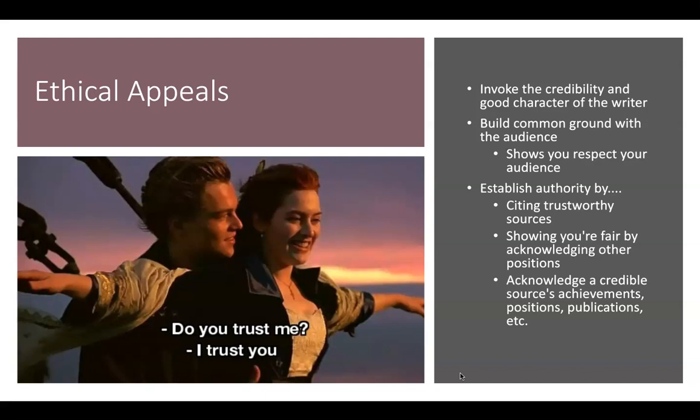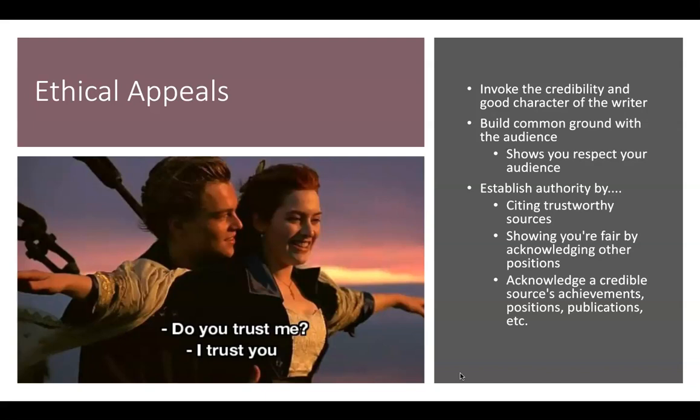Ethical appeals really establish your authority. And how do you do this practically in your writing? You establish ethos or authority by citing trustworthy sources, by really vetting your sources and making sure you're using sources that are reliable, trustworthy, acceptable in the genre or topic that you're writing about.